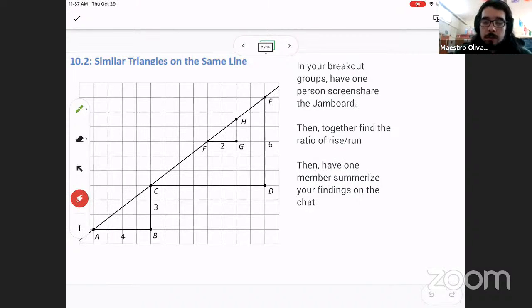In your groups, one person is going to screen share their screen. The other 3 people are going to help each other to try to find the slope for these 3 triangles.